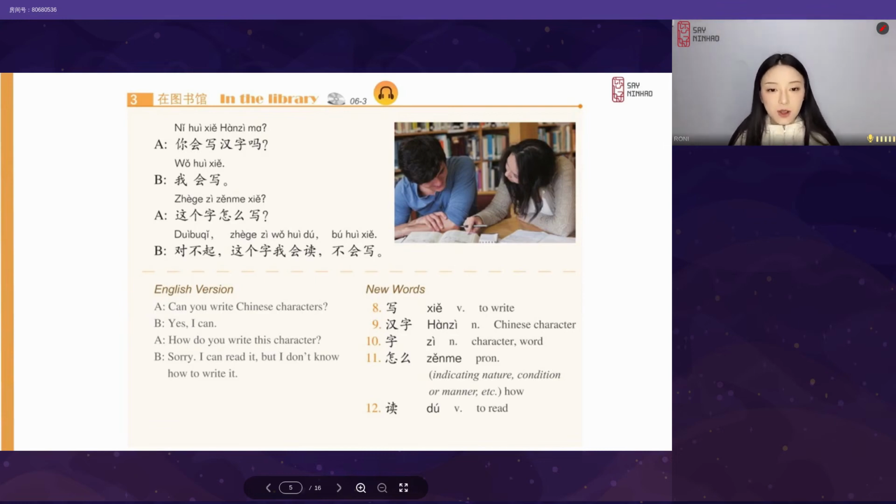Now let's switch the role. I will be B and you will be A. 3, 2, 1. 我会写。对不起，这个字我会读，不会写。Okay, these are all for today's text.